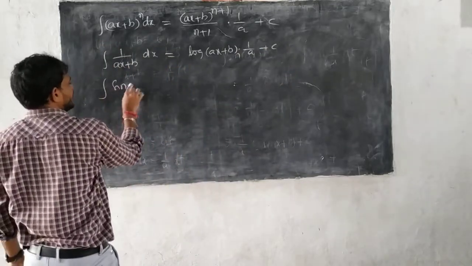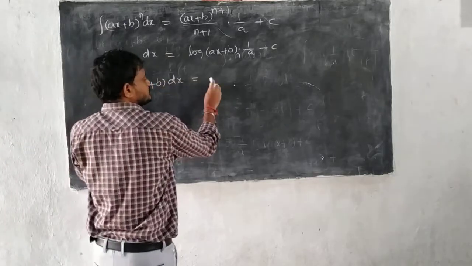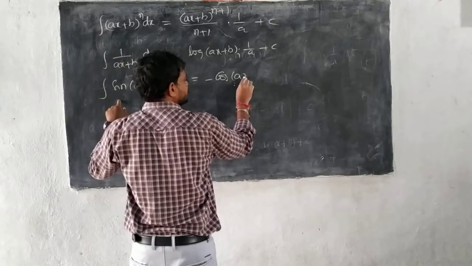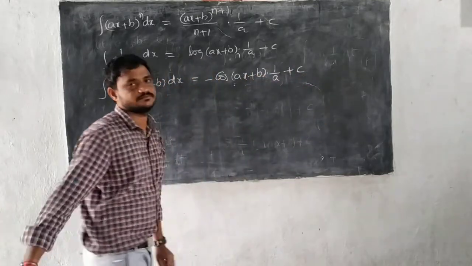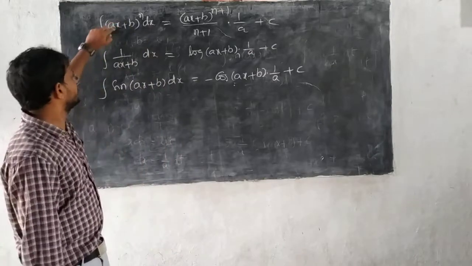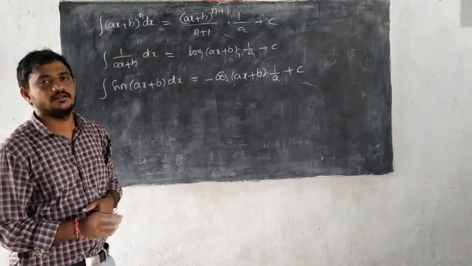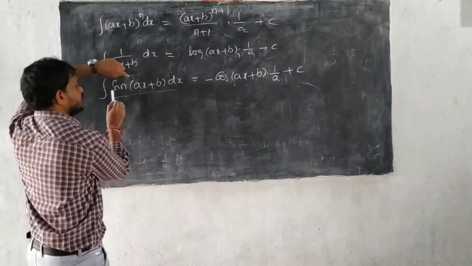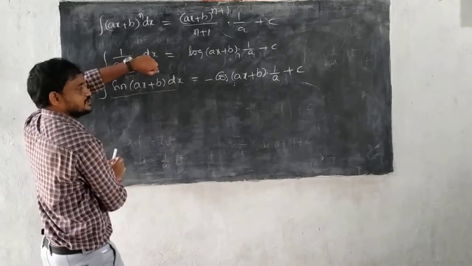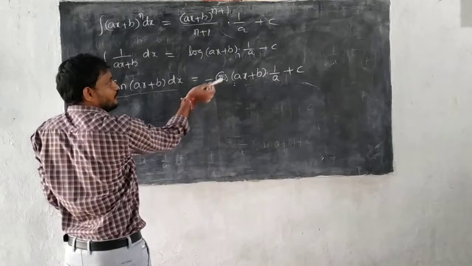And what is the third problem here? Integration of sin of ax plus b into dx. The answer is minus cos of ax plus b into 1 by a plus c. So what have you observed from these three? For all three we got 1 by a.